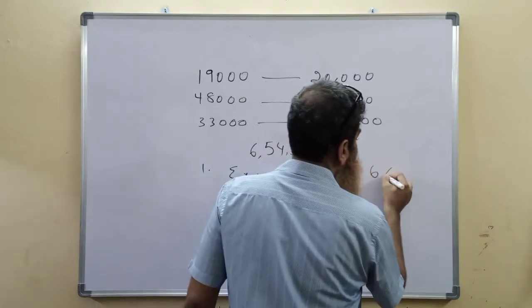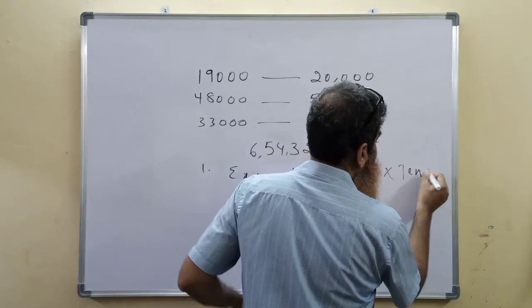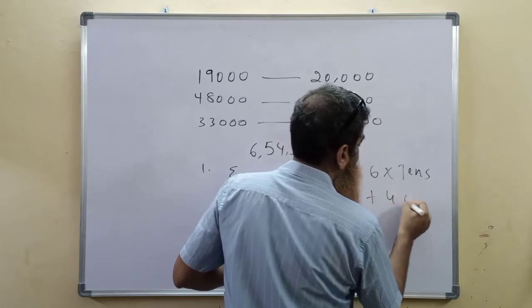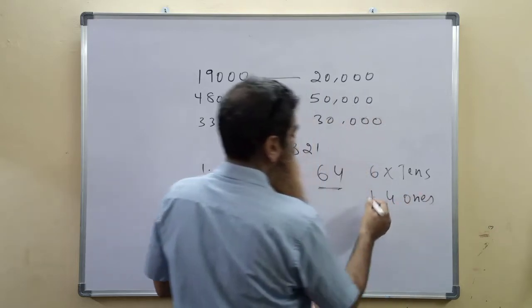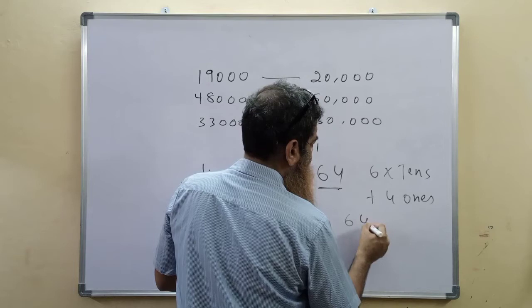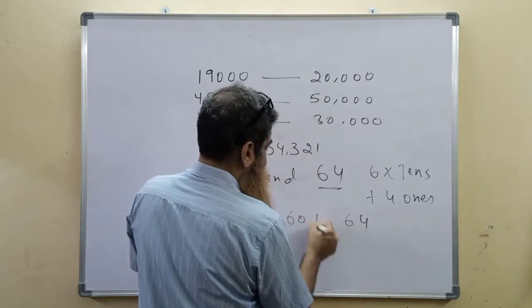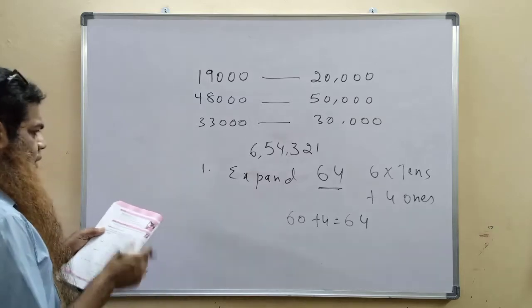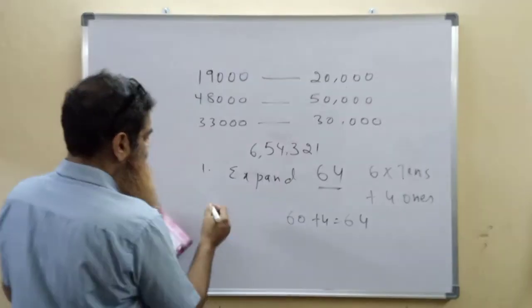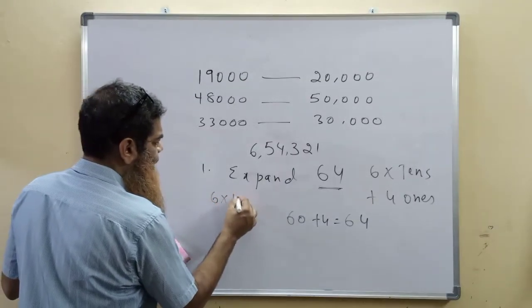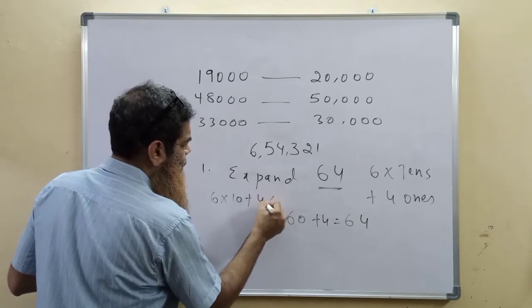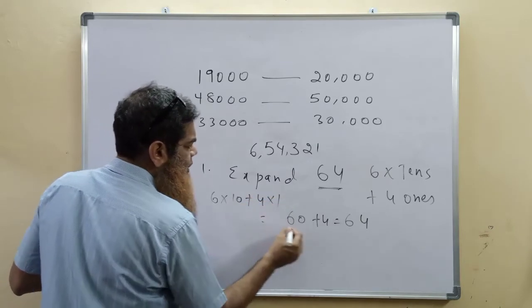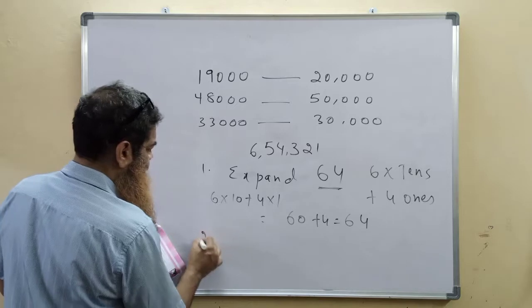It has 6 tens plus 4 ones. That becomes 64. 60 plus 4 is equal to 64. 6 into 10 plus 4 into 1 is equal to 60 plus 4 is equal to 64.